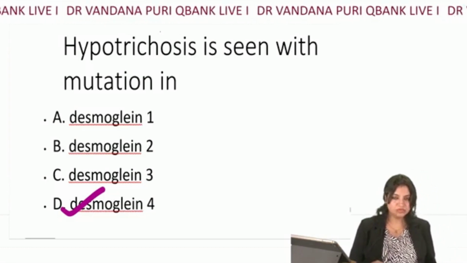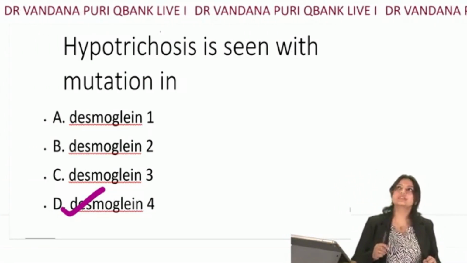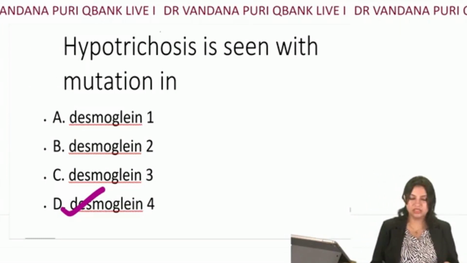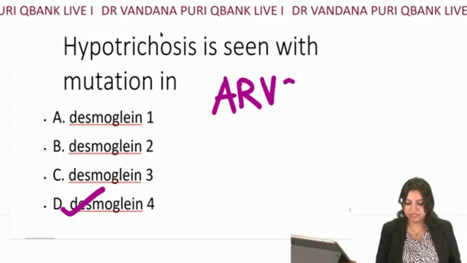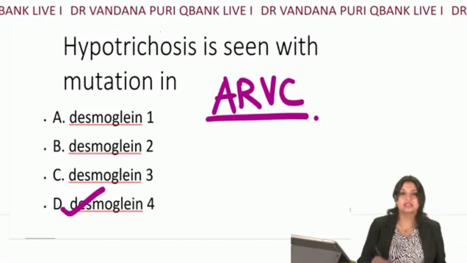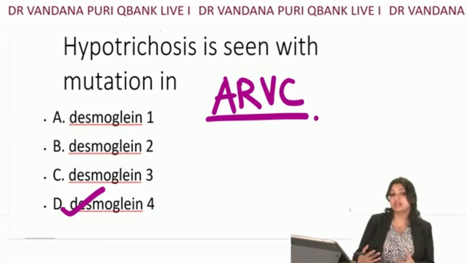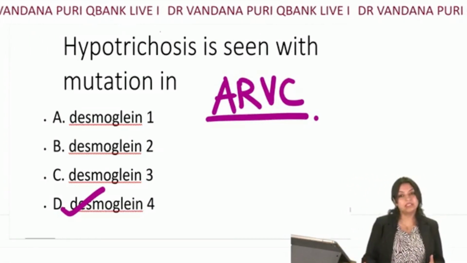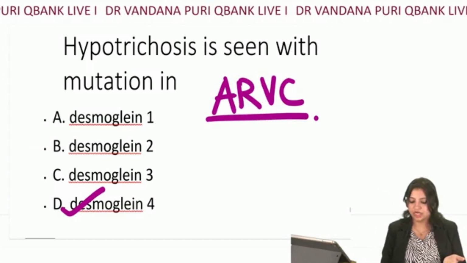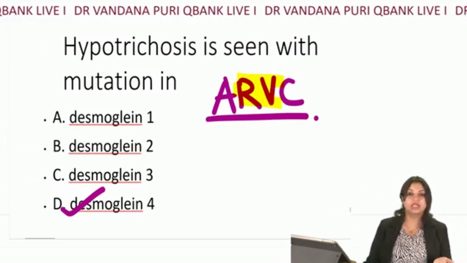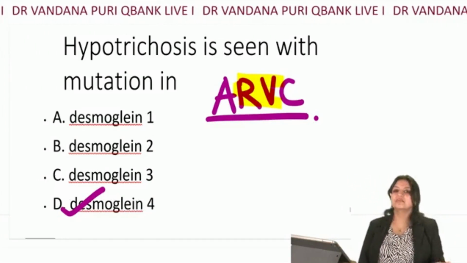Now, there was a question asked in JIPMER or AIIMS, I don't remember exactly, but it came in the recent exam. That is ARVC, arrhythmogenic right ventricular cardiomyopathy. As the name says, it's a right ventricular cardiomyopathy. The right ventricular wall is completely replaced by fat.